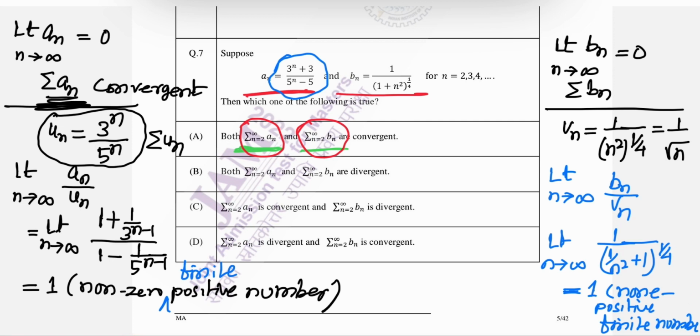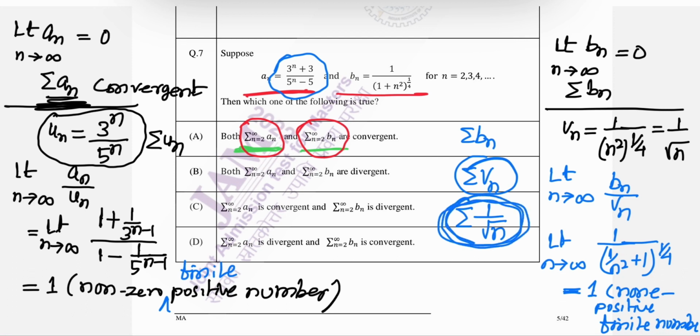Since we got a non-zero finite positive number, by comparison test the nature of these two series, sigma bn and sigma vn, will be the same. And you know sigma vn is a divergent series. All series of such type, 1 by n to the power p, where p is less than 1, are divergent.